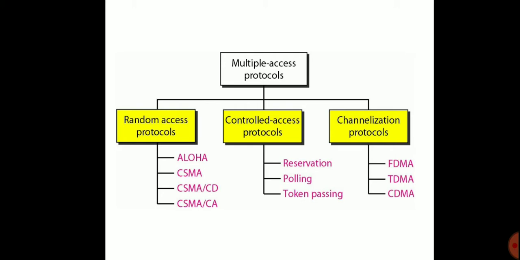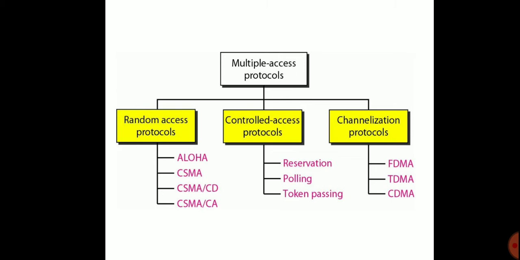Number one, ALOHA, CSMA, carrier sense multiple access, carrier sense multiple access collision detection, and carrier sense multiple access collision avoidance. Under the controlled access protocol, we have reservation, polling, and token passing. And under the channelized protocol, we have three individual categories: FDMA, TDMA, and finally CDMA.